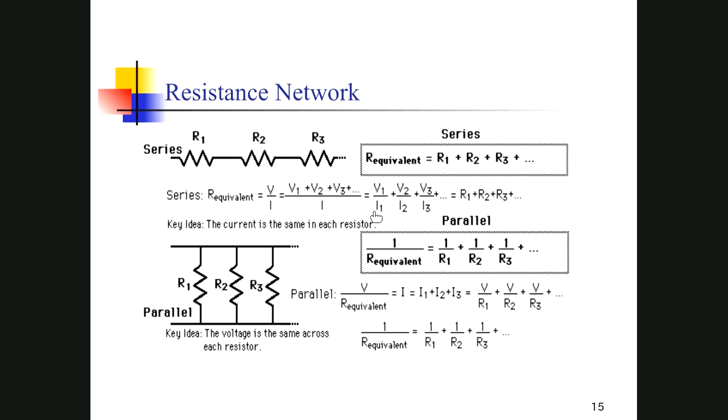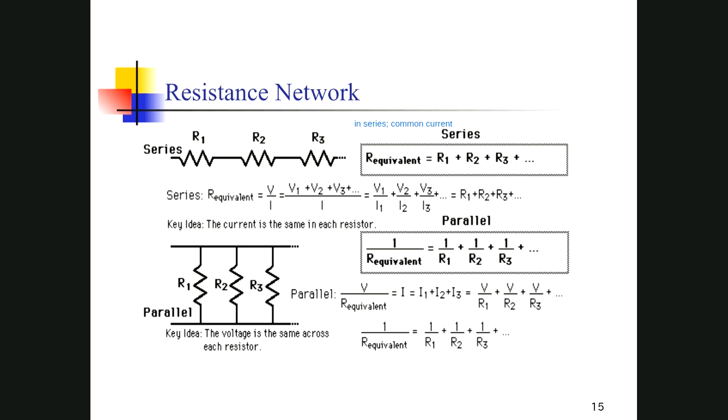We can separate them because in series the current is the same. Therefore, you can prove the total resistance is the sum of all the resistances.